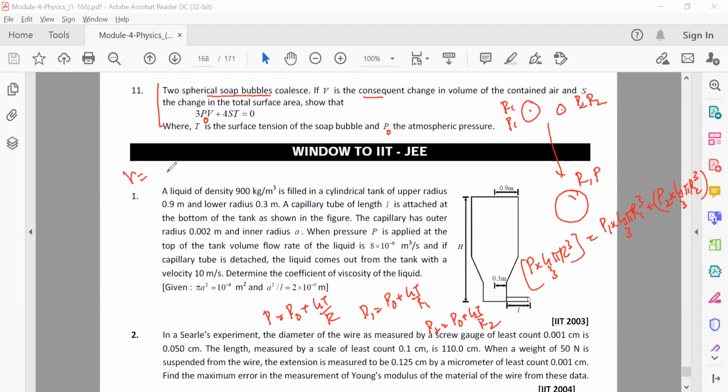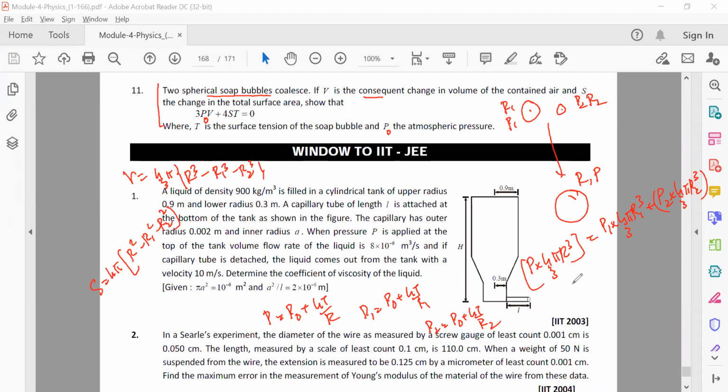So V is going to be 4 by 3 pi, R cube minus R1 cube minus R2 cube, final volume minus initial volume. So I should replace V with this in this equation. And S is the change in surface area. So S is equal to 4 pi, R square minus R1 square minus R2 square.